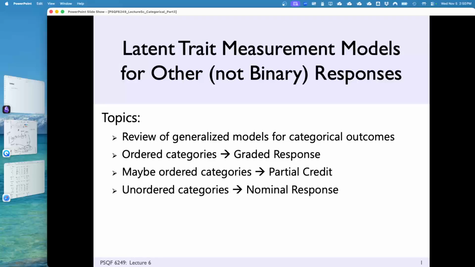It's the graded response. It turns out when you go from a binary item, where there's only two options, to a multi-category item, which we will also call a polytomous item, polytomous being more than two categories. Dichotomous, by the way, is a two category. You may hear that term as well.